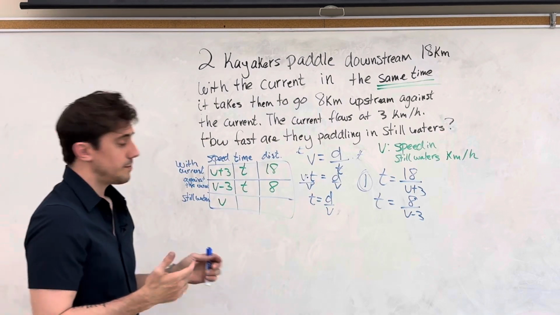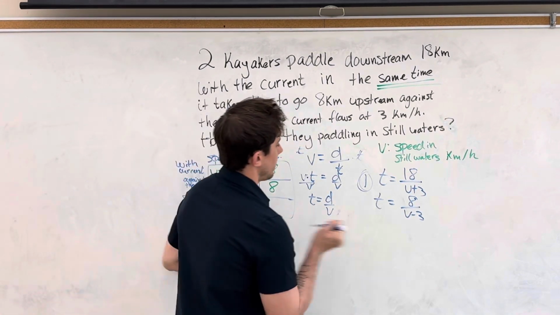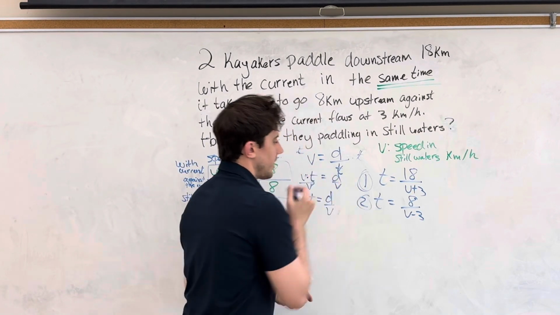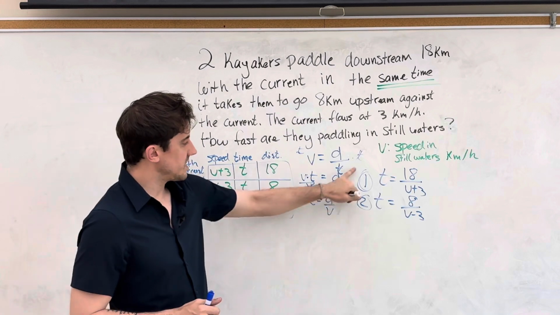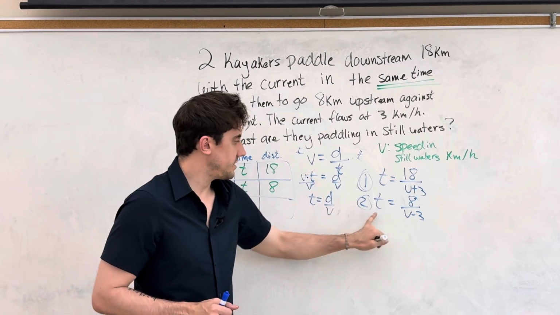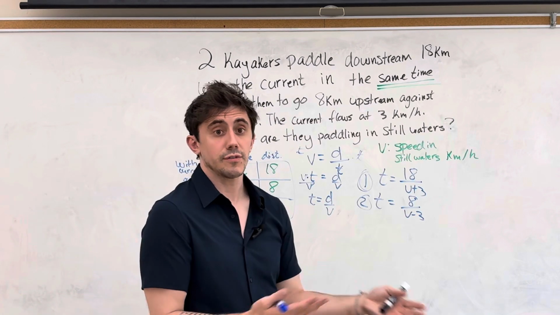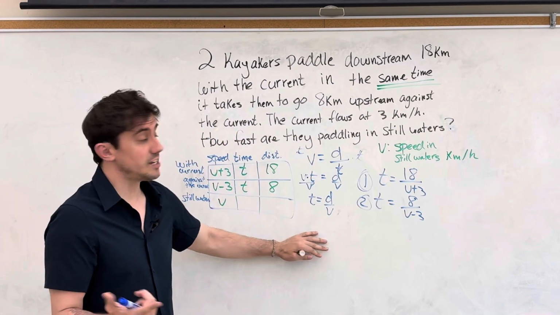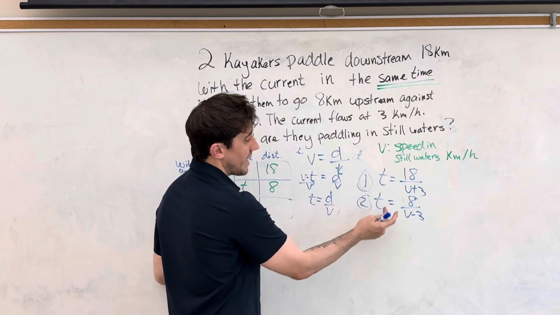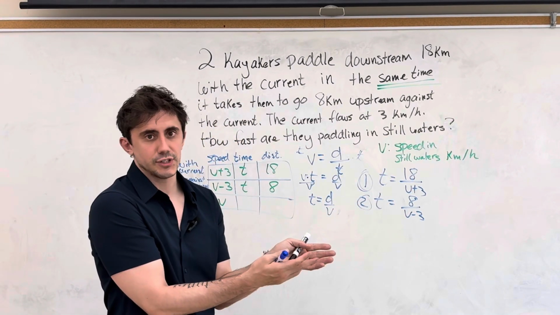I should label my second equation. Call that equation 2, from row number 2. So now we have a system of equations, with two unknowns, t and v, and two independent equations, so we should be able to solve for both. I'm guessing you've learned substitution and elimination. Clearly, we already have a variable that is isolated. This is perfectly set up for substitution.